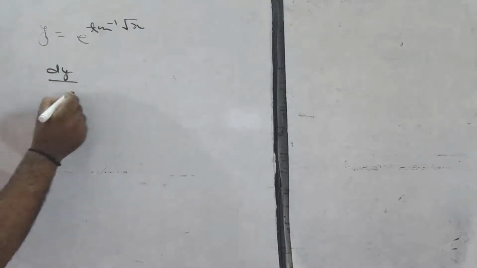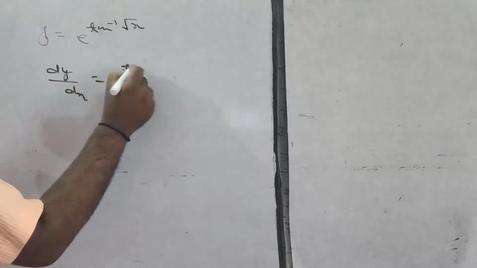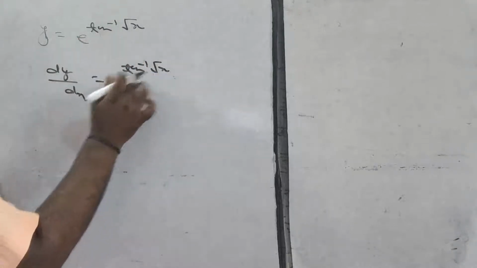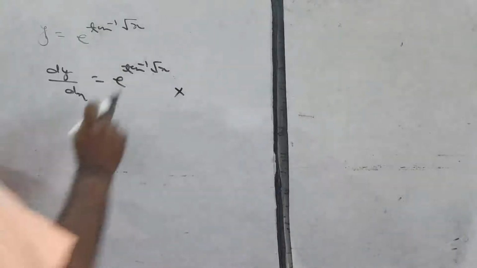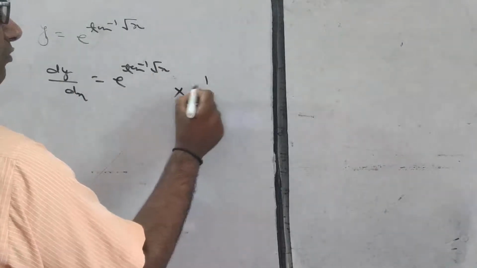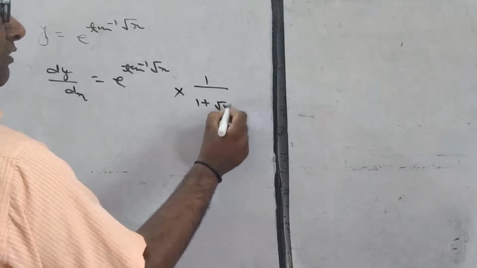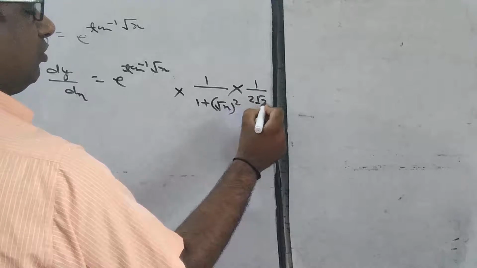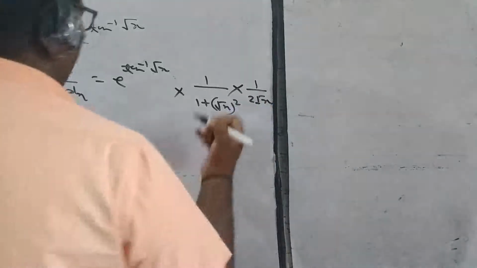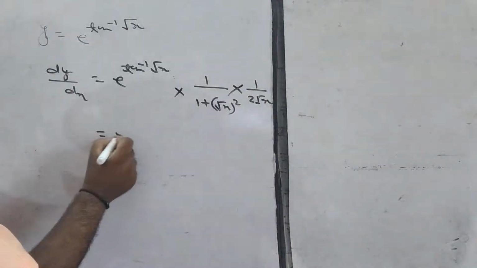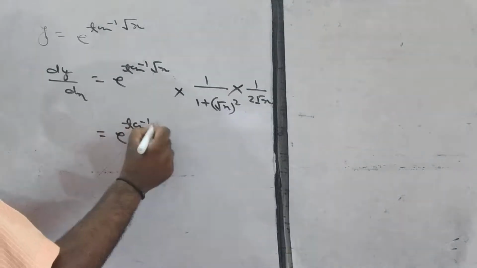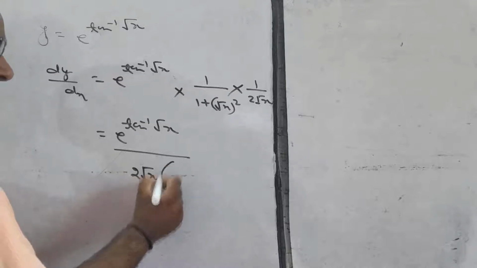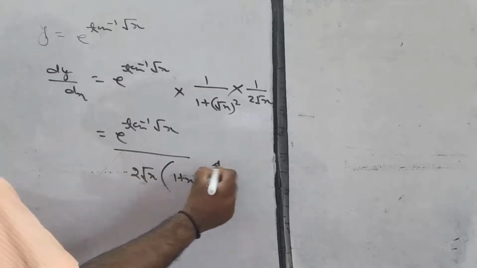So dy by dx is equal to e to the power tan inverse root x, as e to the power x differentiates to itself, into the differentiation of tan inverse root x, 1 by 1 plus root x whole square, into the differentiation of root x, 1 by 2 root x. Three functions are there. So the final answer is e to the power tan inverse root x upon 2 root x into 1 plus x.